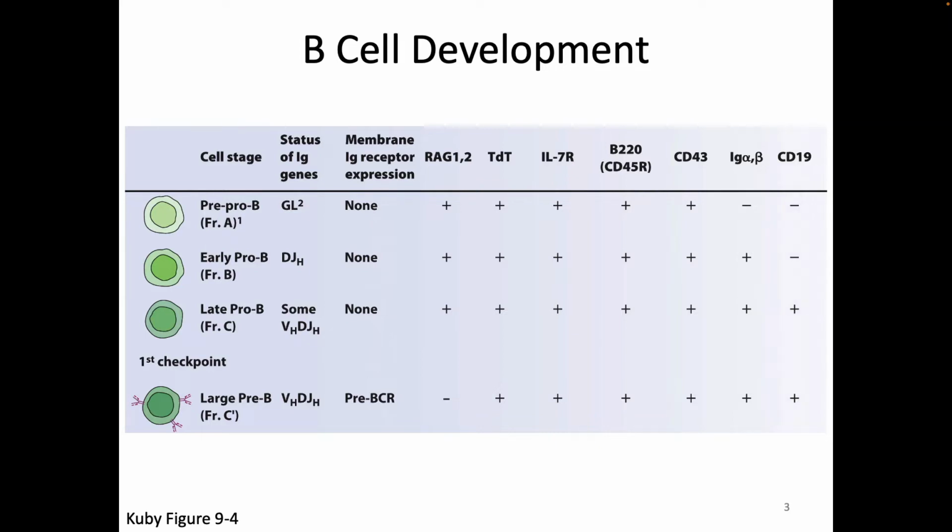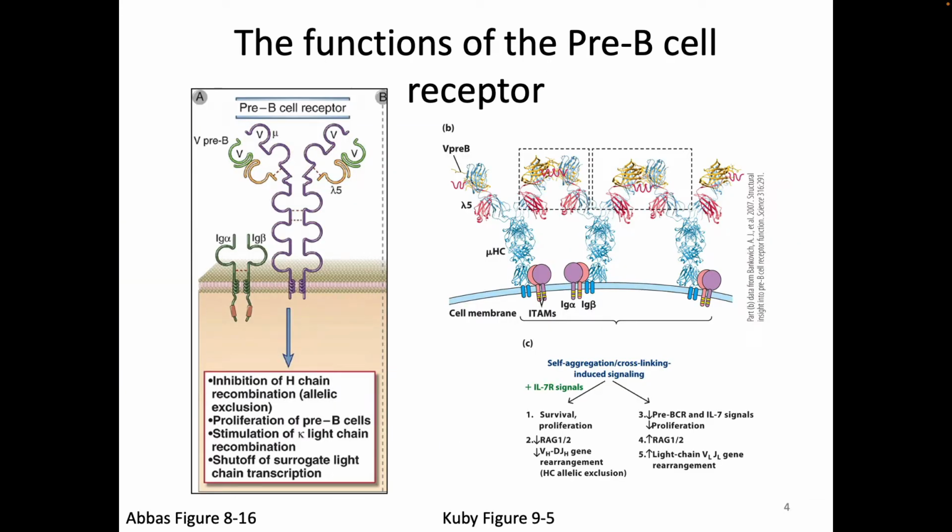So here you can see some of those earlier steps that we talked about with the pro-B cell and the pre-B cell. And we talked about some of the things that happen to the pre-B cell when it is getting signaling through its receptor, so some of the parts of testing the heavy chain before we get to making light chain.